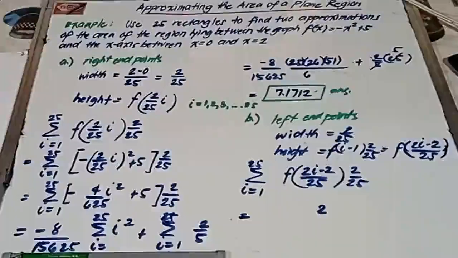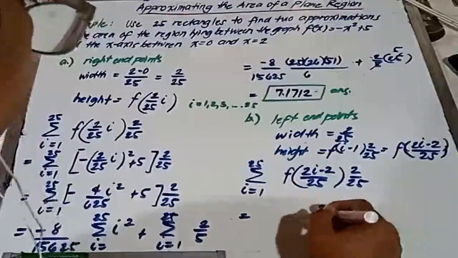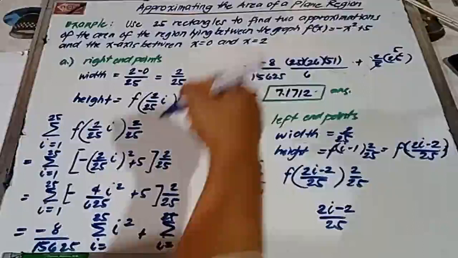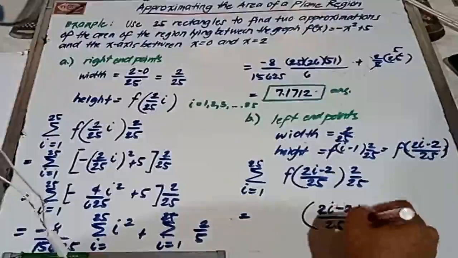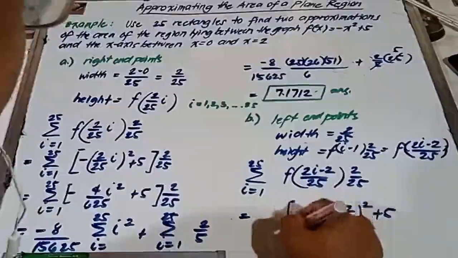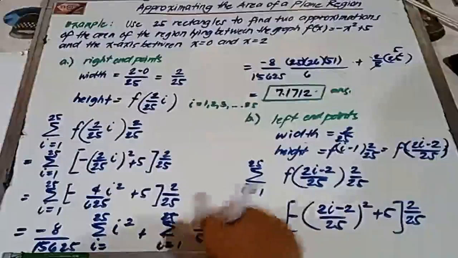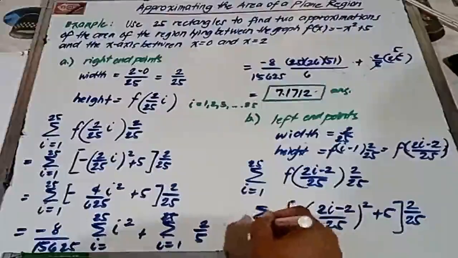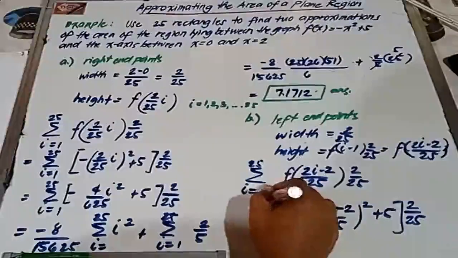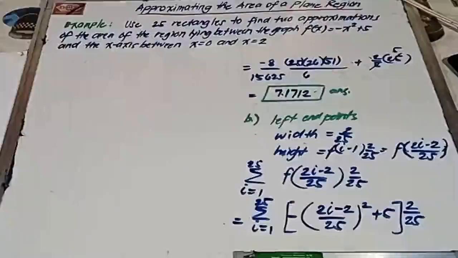Okay, substitute natin. We have 2i minus 2 over 25 to x of our f of x. So squared minus here plus 5 times 2 over 25. This is the summation of i equal 1 to 25. Okay. And then, expand natin siya. Then, expand natin.